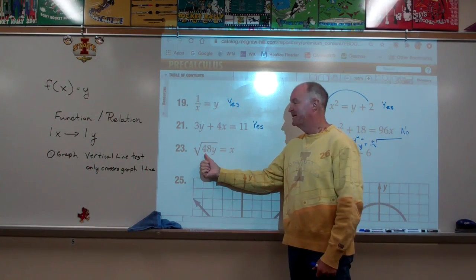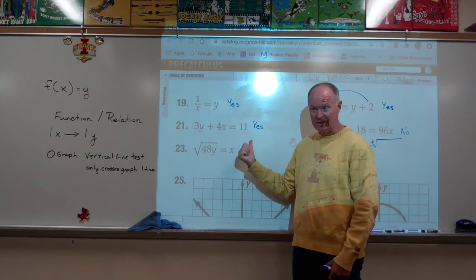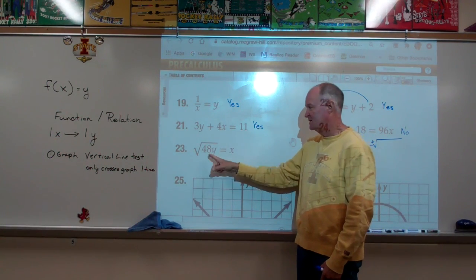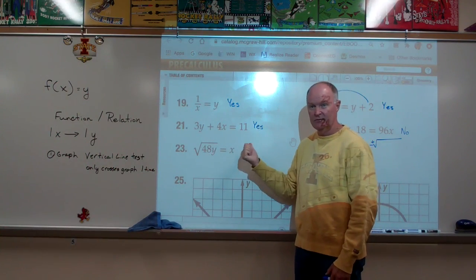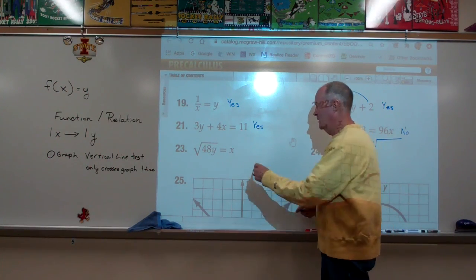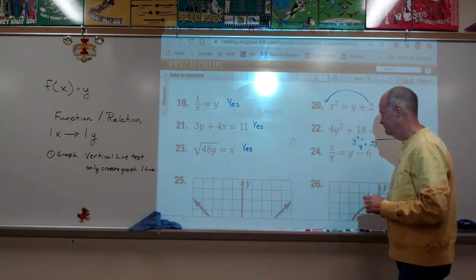So, like he said, can I get this into y equals? Yep, square both sides. That's legal in most states. Divide by 48, and I got it into y equals. So this is a function.